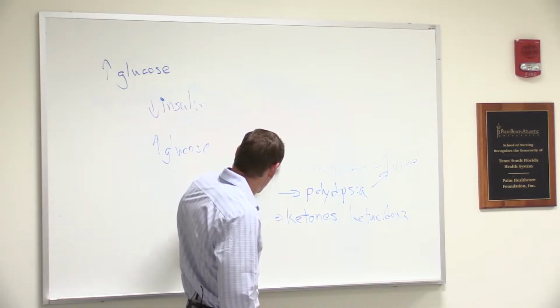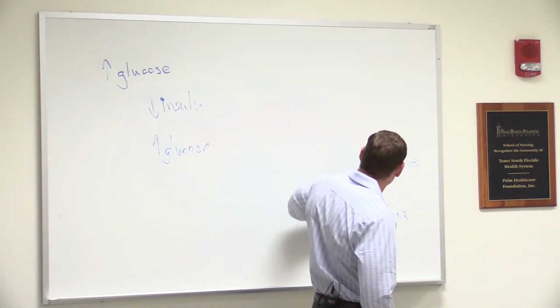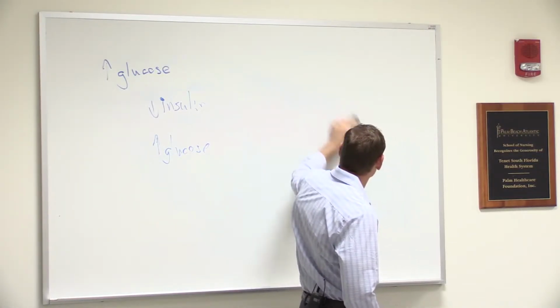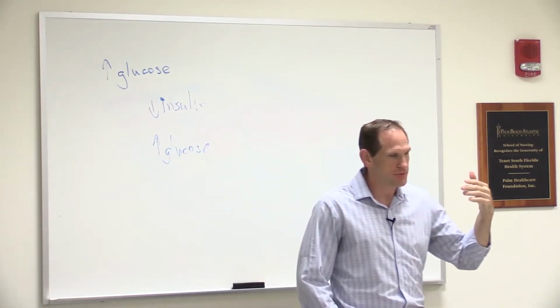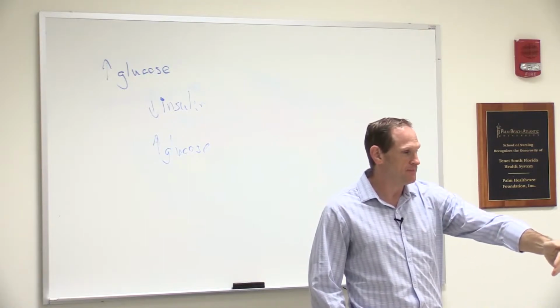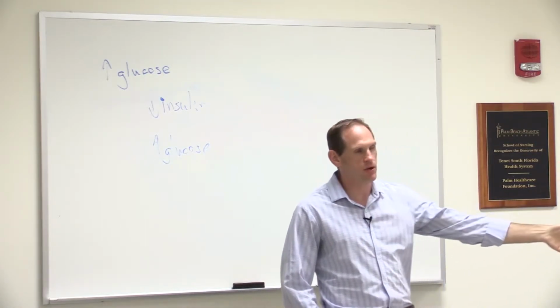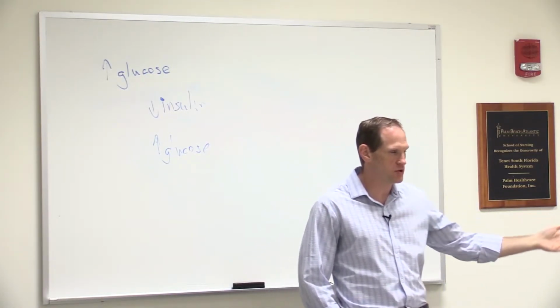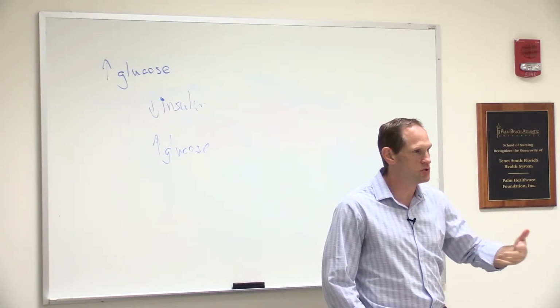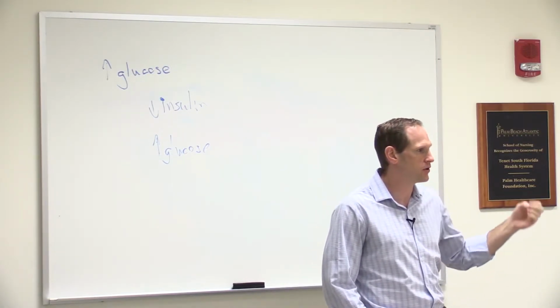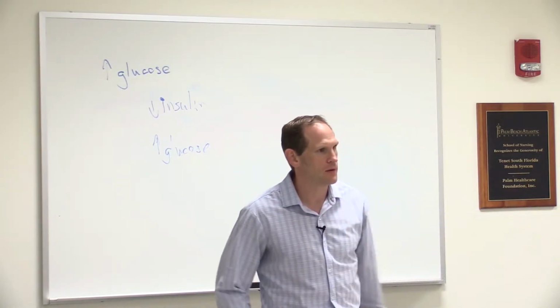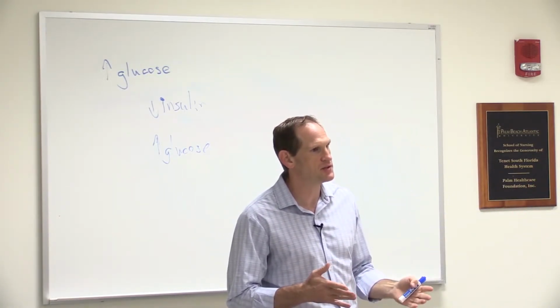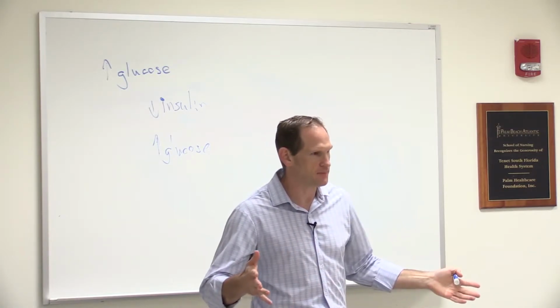The next thing we're going to talk about is long-term complications of high blood sugar. Over time, it's not just hemoglobin A that is being glycated with sugar. It's other tissues in your body as well, primarily the arteries and capillaries throughout your body.